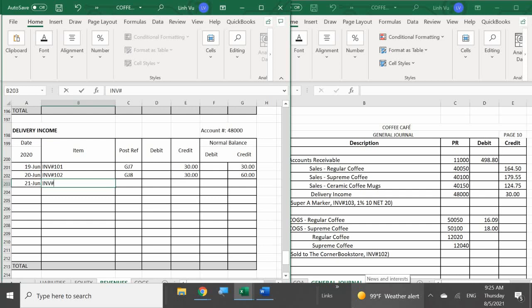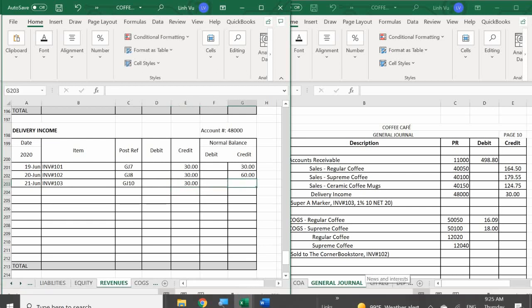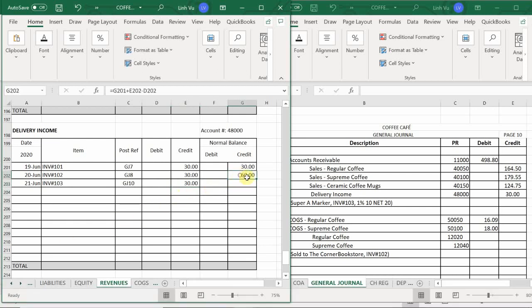There you'll put invoice 103, General Journal 10, credit for $30, and a total credit balance of $90. Good, right? This one's easy enough.